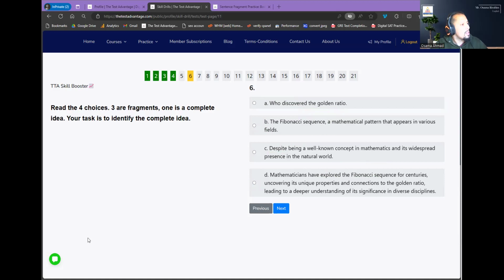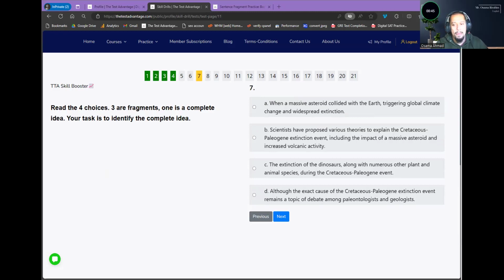Okay, let's continue. Number 7, identify the complete idea. Take your time.